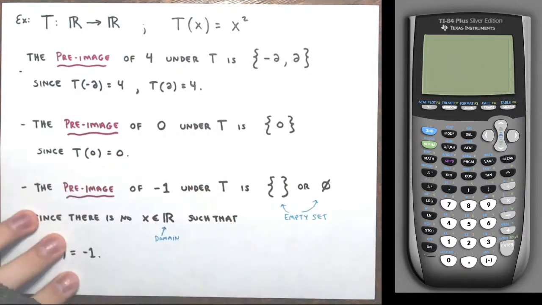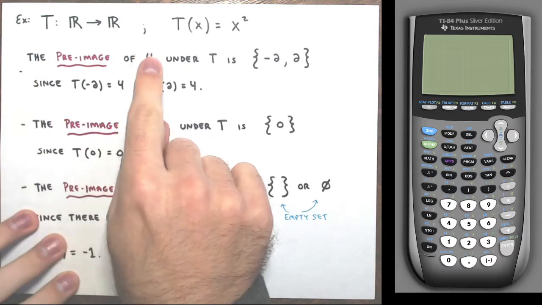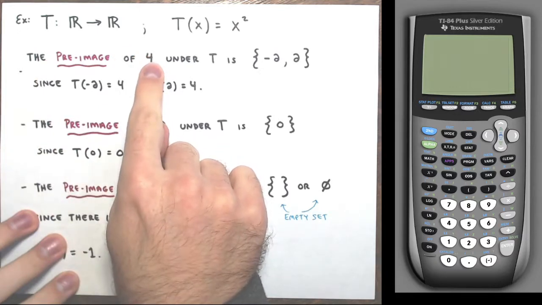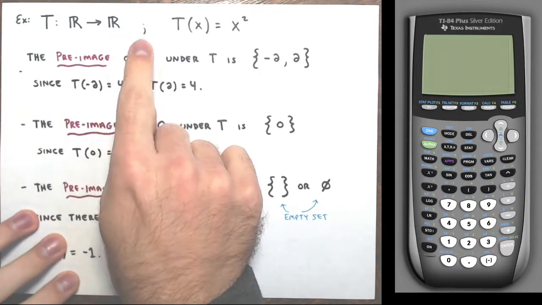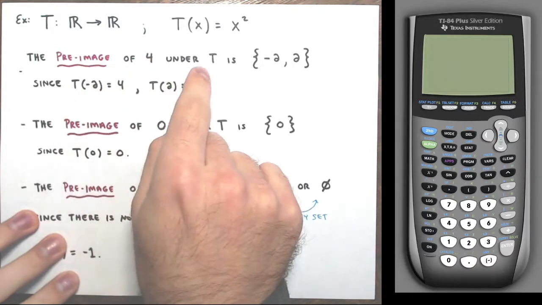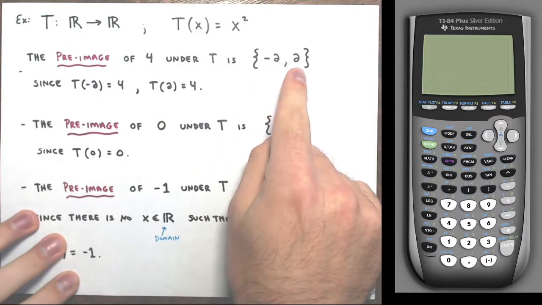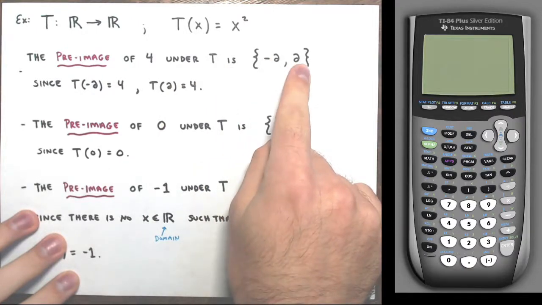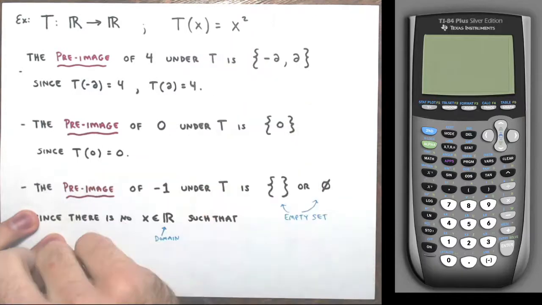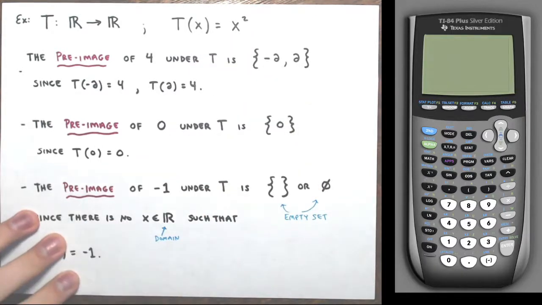There's only a single component. Now, the pre-image of 4, and again, this 4 is coming from the codomain. The pre-image of 4 under T is the set with -2 and 2 in it. There are 2 values in the pre-image of 4, as opposed to the last example where there was only 1 value in the pre-image of 7.